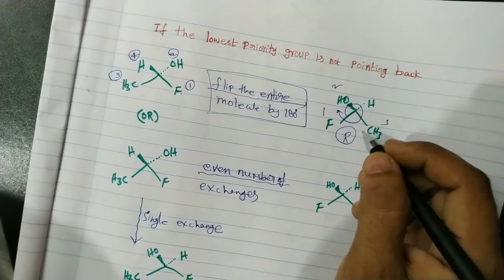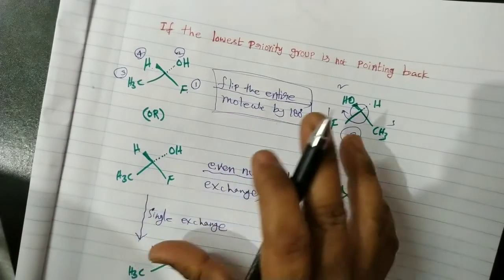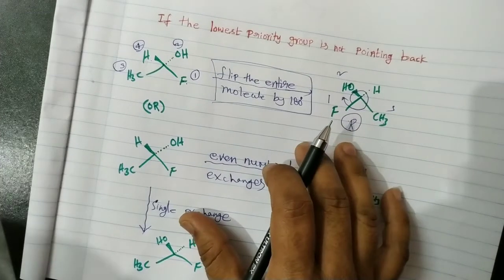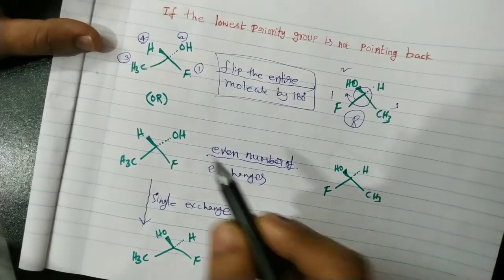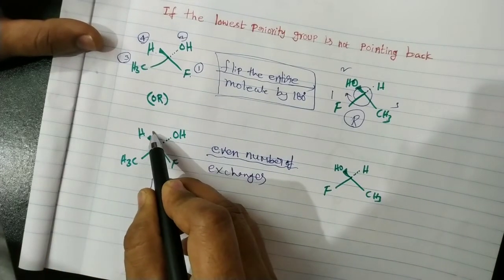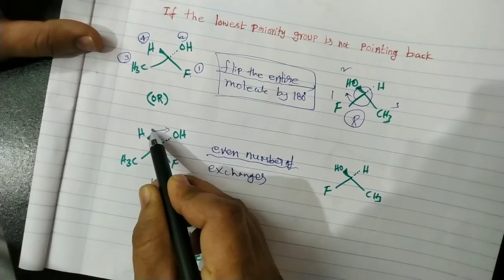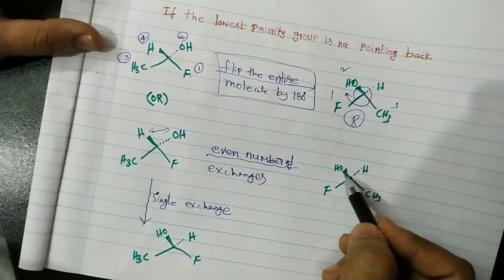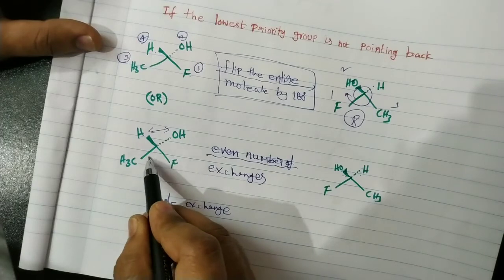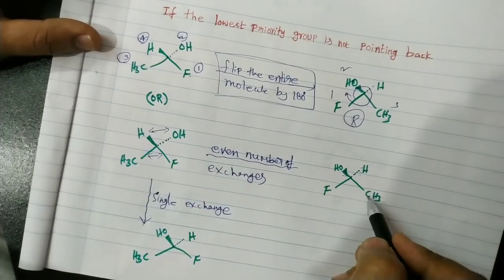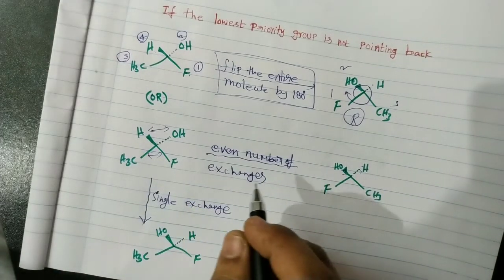Okay, so now in this case we can flip the entire molecule, or we can take an even number of exchanges. An even number of exchanges means we exchange these two groups, like this. Next, in this one, exchange these groups also. So CH3 and fluorine are exchanged with each other.